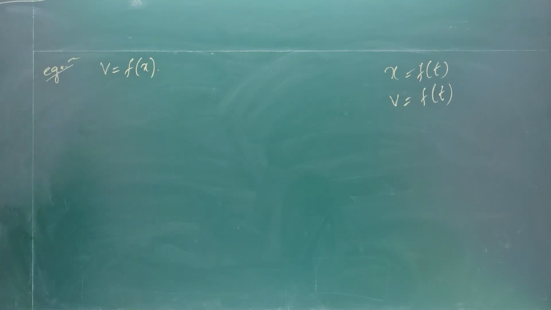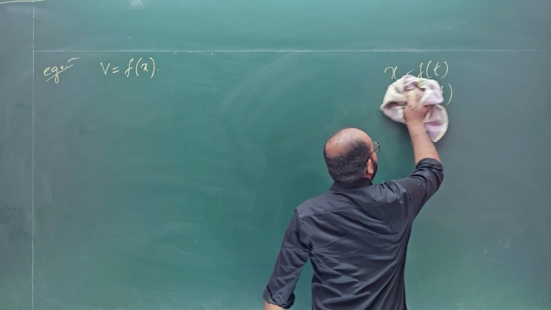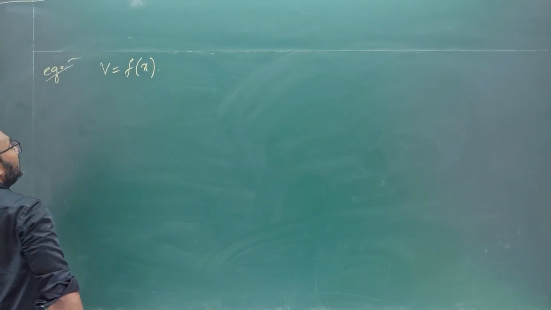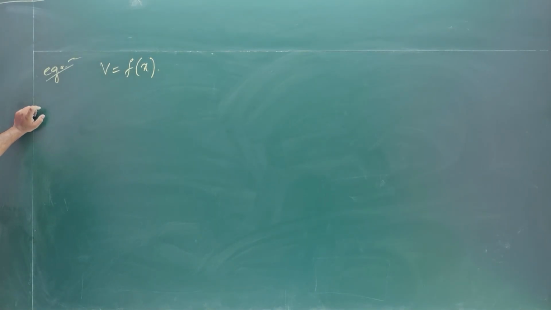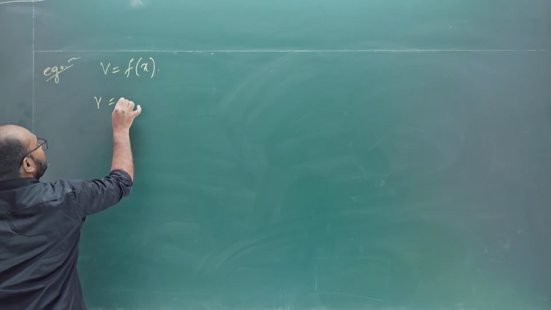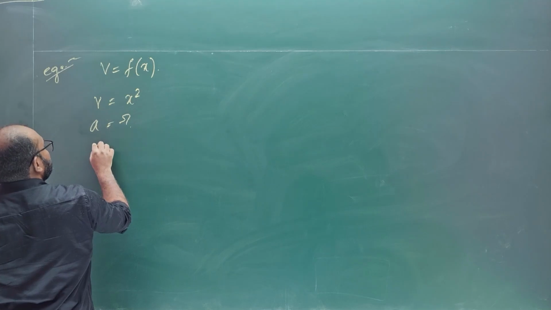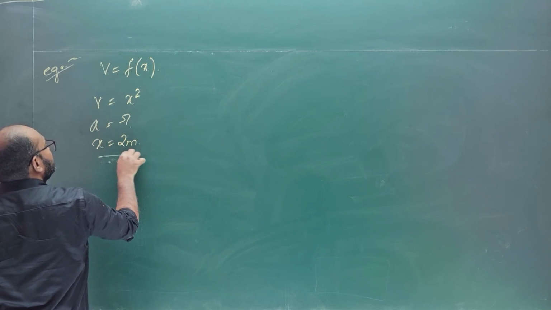Let's write a question: v equals x square. Find acceleration at x equals 2 meters. So the question is given like this: v equals x square, a equals question mark at x equals 2 meters.